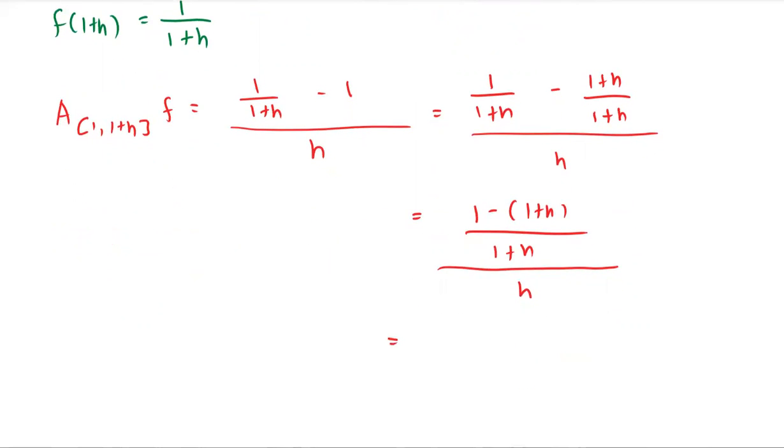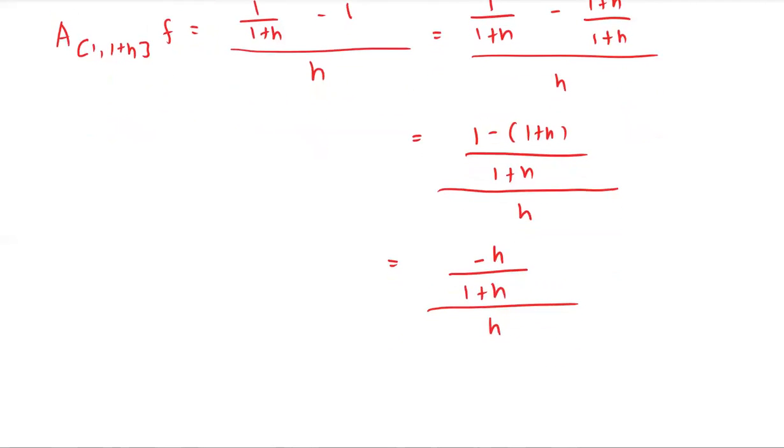Simplify the numerator. 1 minus 1 plus h, 1 minus 1 cancel. Minus h. Again, that's why it's important to keep the parentheses, so you remember to distribute the minus sign. So you're left with minus h over 1 plus h, all over h. And if you remember your simplifying in algebra, this is the same as negative h times 1 over h.